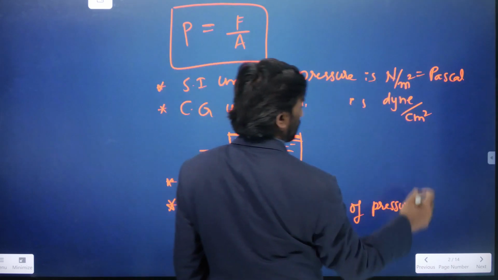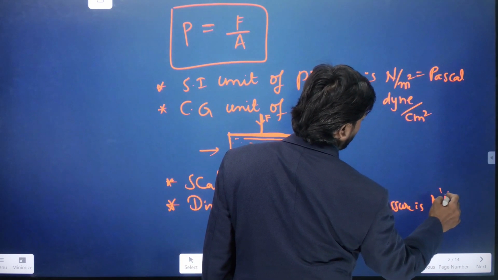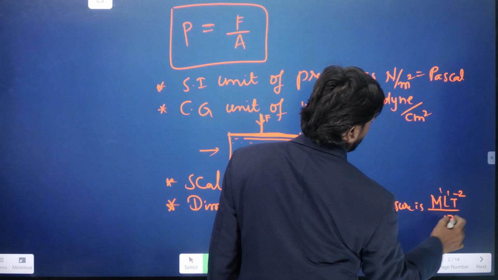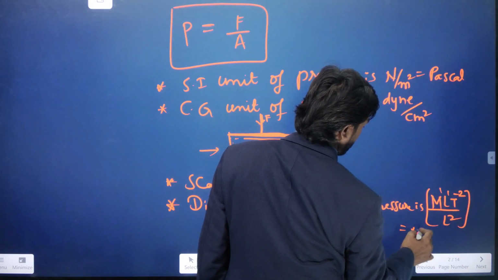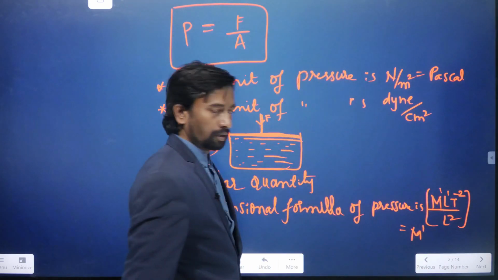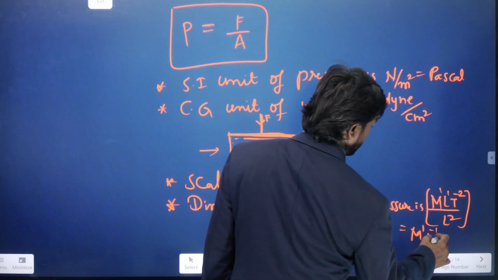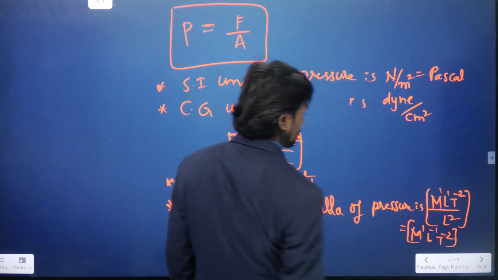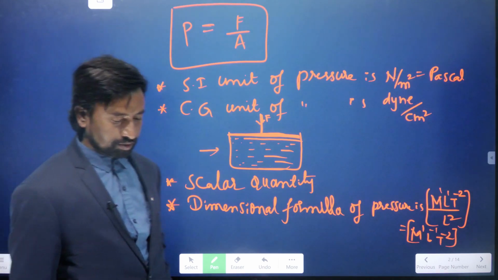Newton has dimensional formula M power 1, L power 1, T power minus 2, divided by L power 2. If you bring L square to the numerator, it becomes M power 1, L power minus 1 and T power minus 2. This is the dimensional formula of pressure.